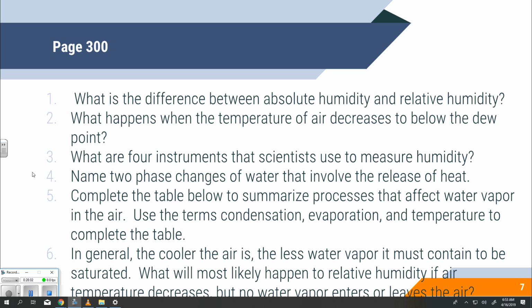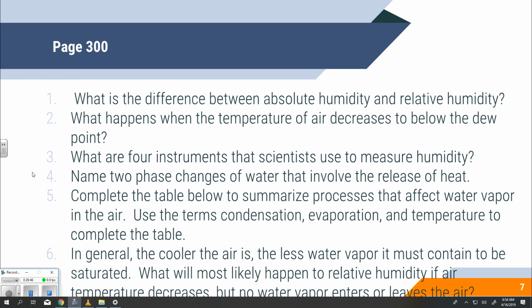Relative is a ratio of how much the air holds to how much it can hold. Question 2. Answer can be found on page 297. Water condenses.